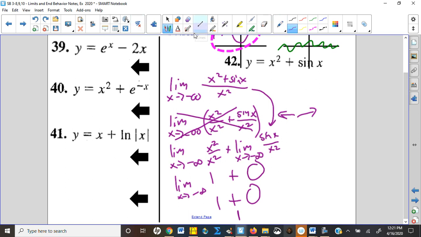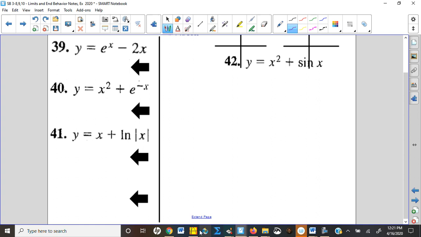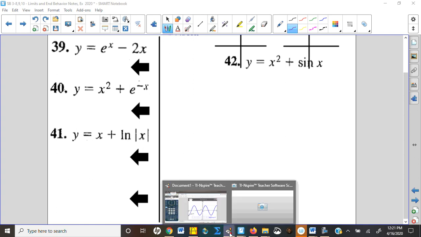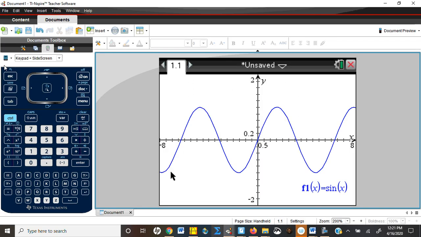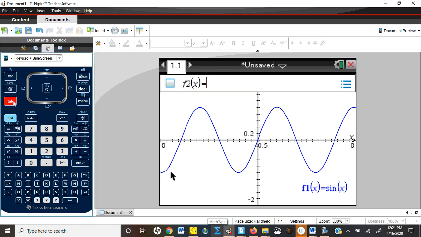But I will show you how this really works. So let's take a look really quickly at our graphing calculator, and I'm going to start with a fresh equation.